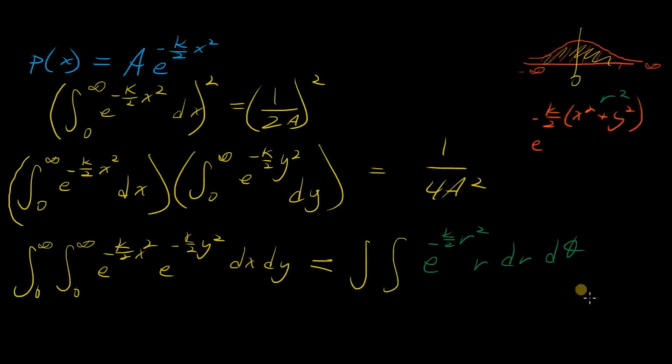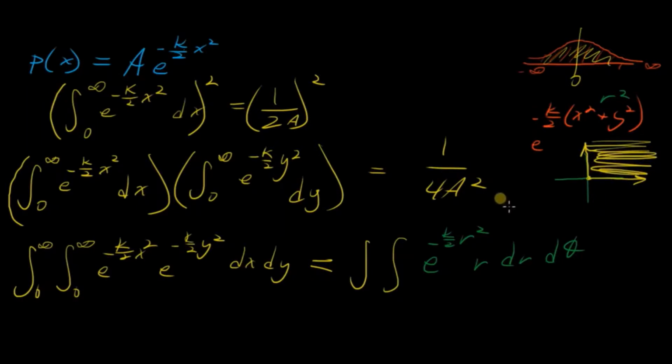And of course, now we need to change the bounds of integration. So let's think about what was going on here. We have x from 0 to infinity and y from 0 to infinity. So x is going from here to here, we're taking an infinite area. Y is going from here to here, and we're taking this infinite area of the first quadrant.